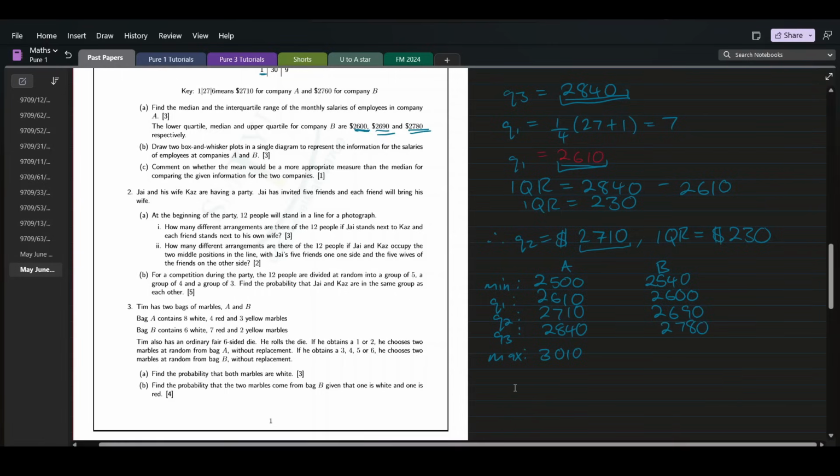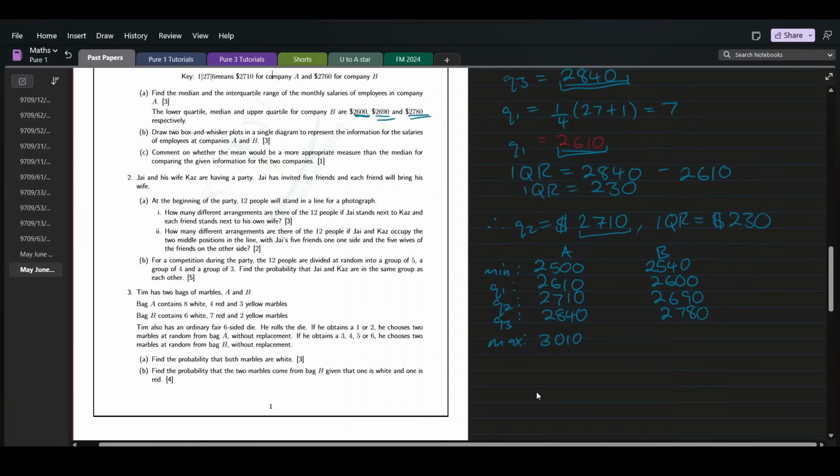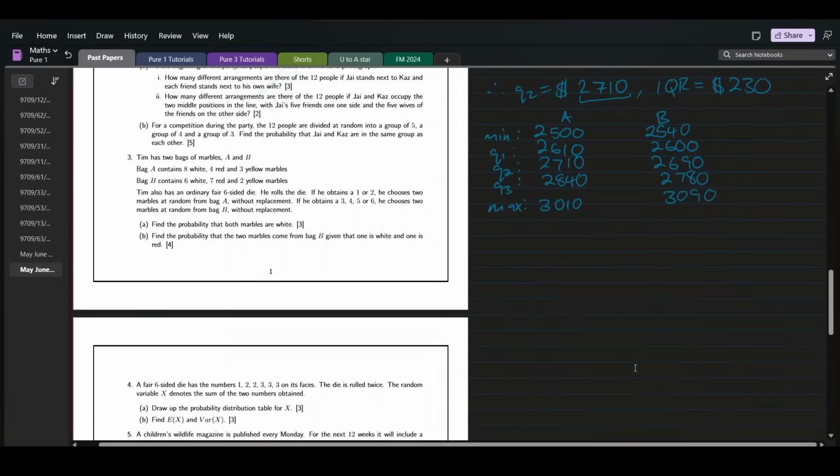Then let's get the maximum value from the stem and leaf diagram. That's 3090. Now that we have all this information, we can finally draw our box and whisker plot.